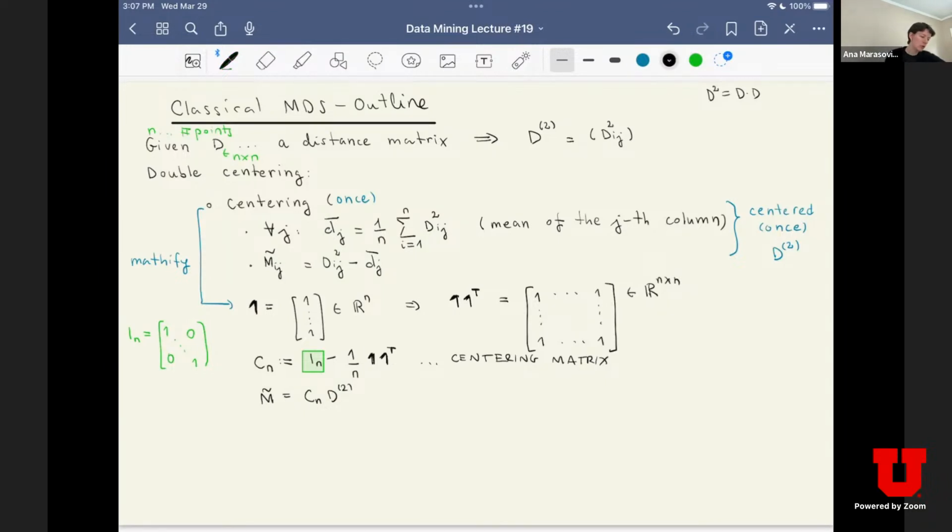Okay, now this was all about centering once. So now we need to center one more time, and that's going to be obtained by having another matrix multiplication. So we are going to define M hat as Cn times D2 times, and then again, Cn from the right. So this is double centering.